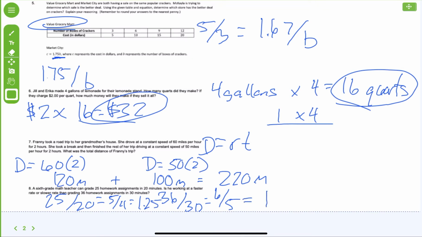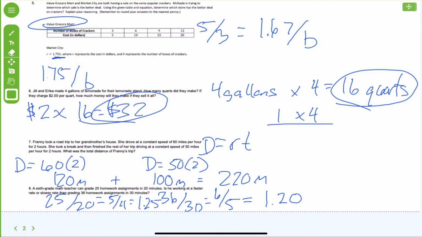And this will be 1.20, if I can do my math correctly. Yes. And what that tells us is that 25 per 20 is 1.25 of an assignment per minute.